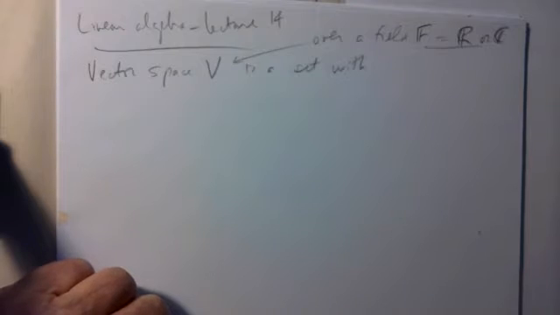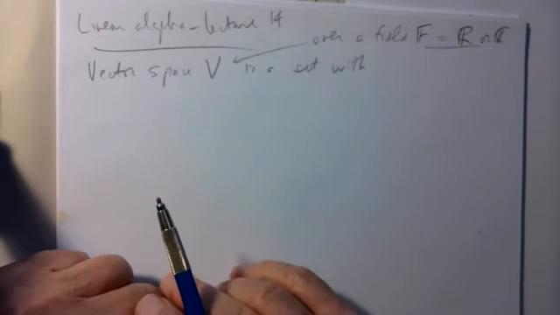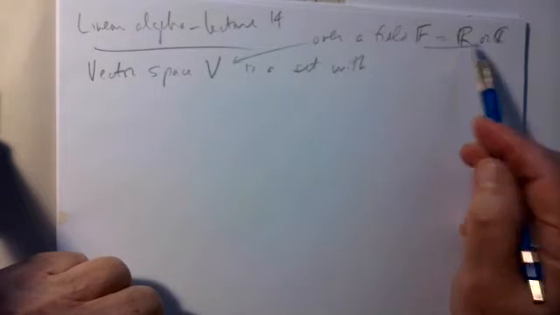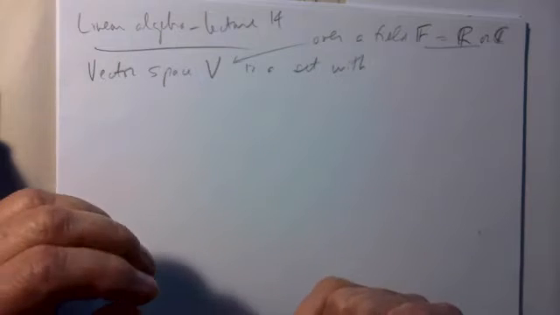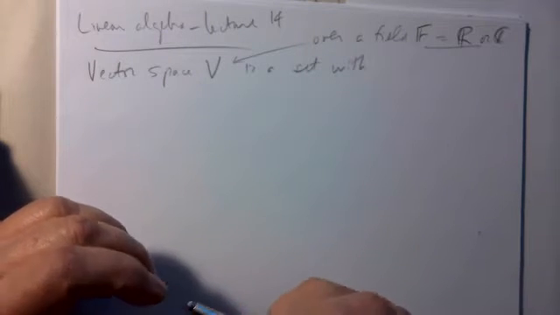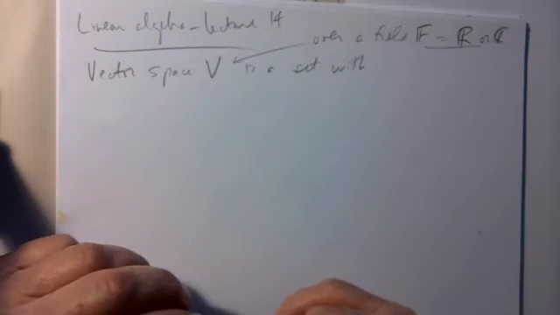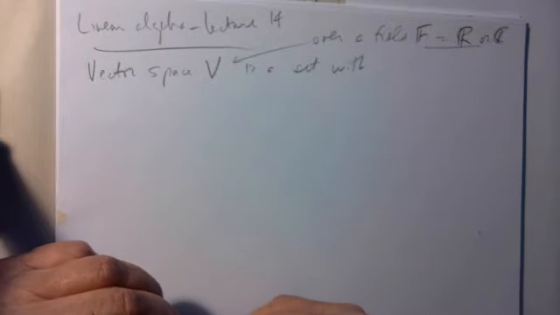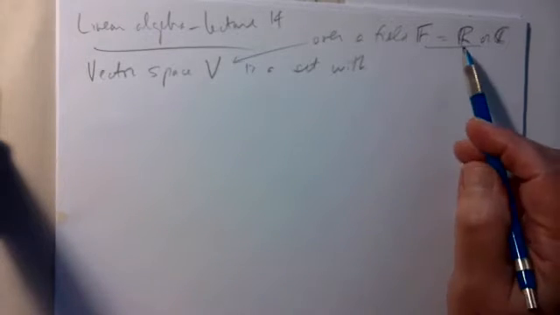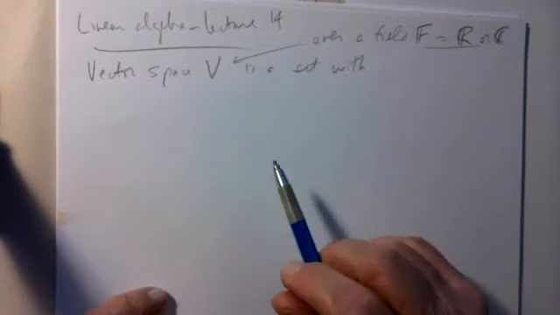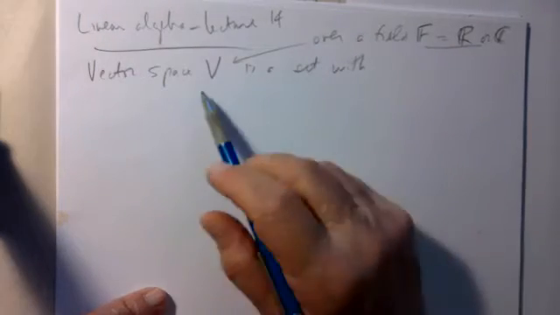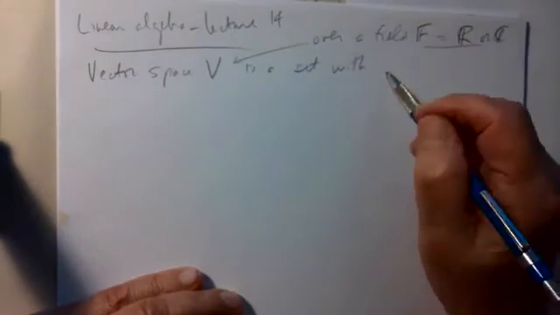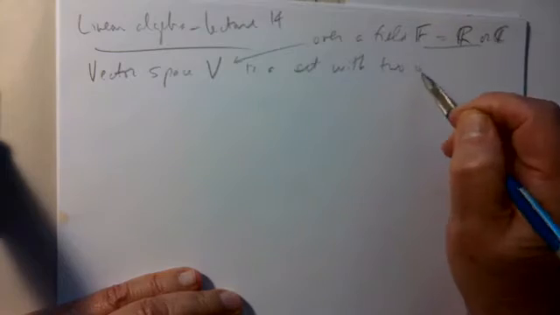And almost everything we do will be true for either real or complex numbers. Because everyone is more familiar with the reals, I'm going to talk about real vector spaces, but you should know that every theorem for real vector spaces is true as well for complex vector spaces. So a vector space V is a set with two operations.